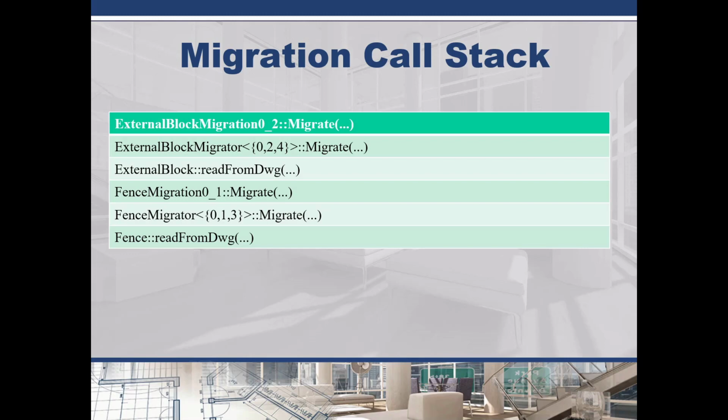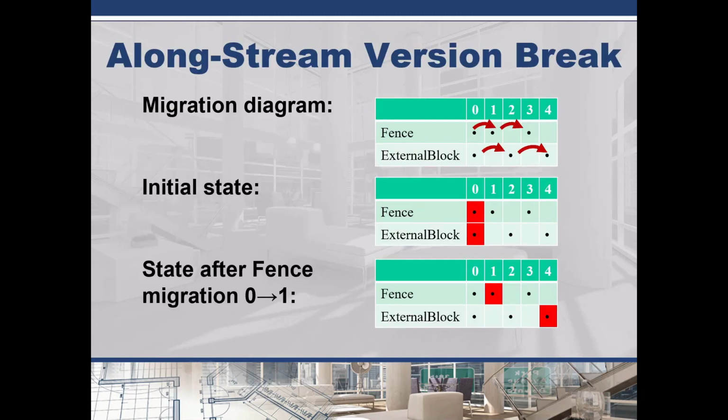It will read all nested objects using their input-output functions that in their turn will call their own migrators that will bring them up to the last version streams. Thus, after the first migration of the highest level, we will get the following picture. One of the nested members has a version higher than the container does.